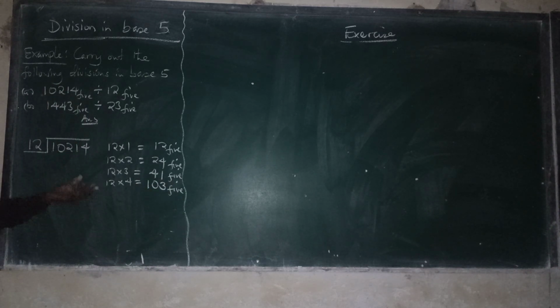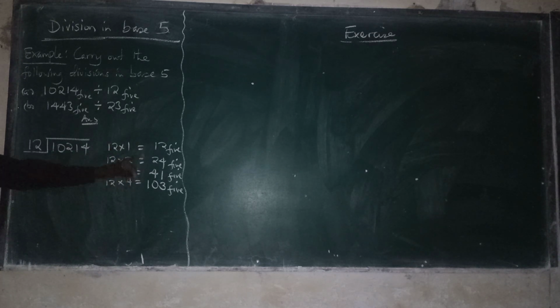So if we do all our multiplication, these are the possible answers that we'll be getting. If we say 12 into 1, 0, it can't, so we go to the next number, which is 102. Now 102 is more than the 12, so we check the number of times it goes in.